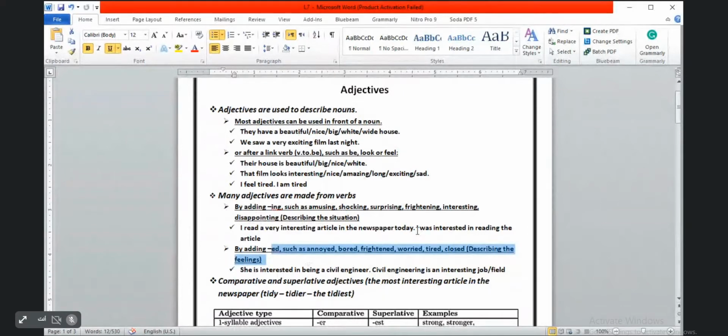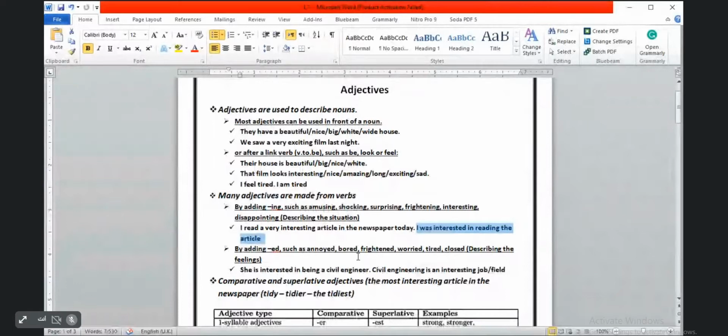So I was interested in reading the article. هذا الشيء اللي أنا شعرت به. أنا شعرت in reading the article. مو أقول I was interesting in reading the article. لا. Interesting يعني هذا يوصف الحالة مال الشيء. أما interested فيصف المشاعر مالتي.